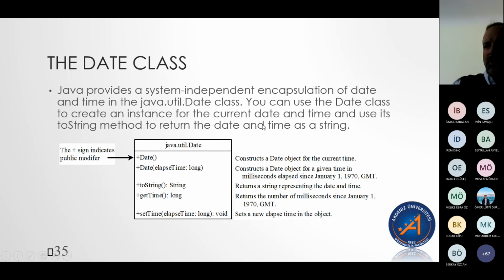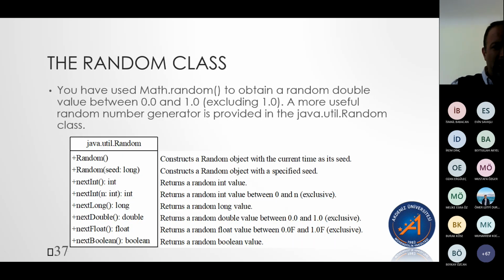Okay, this shows some examples of the Date class. The Random class, we also used this last semester, right? There's Math.random. There's also the Random class that gives us more options as far as how to do random things. So a random integer, nextInt(n), has a value between 0 and n exclusive.